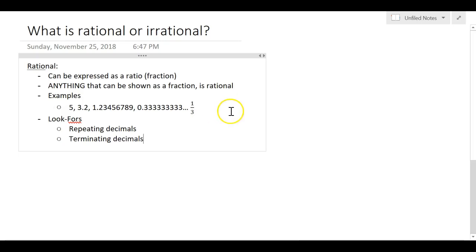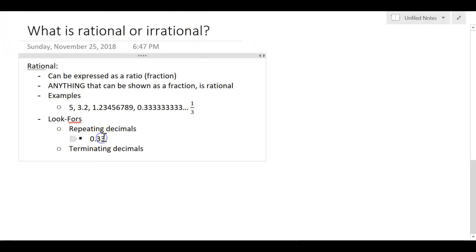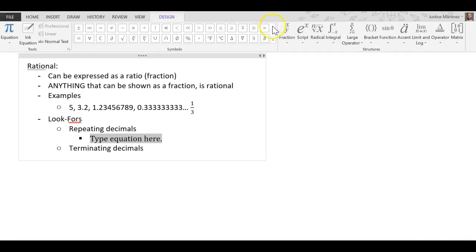So what I mean by that, a repeating decimal would be, of course, something like, as we saw above, 0.33 repeating. 0.3 repeating would be an example of this.